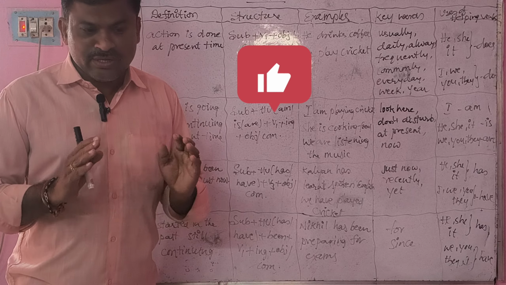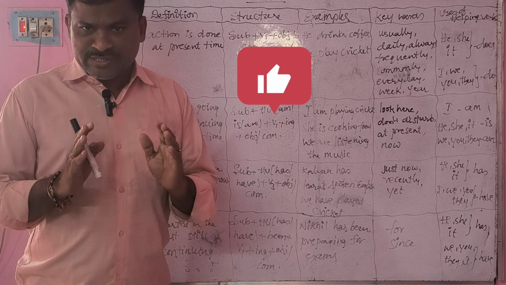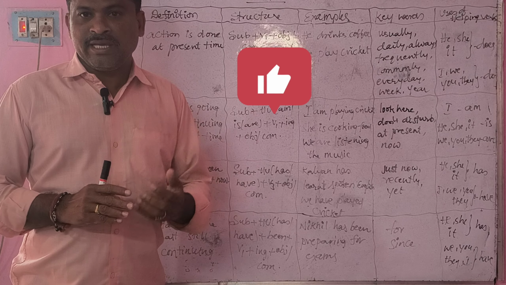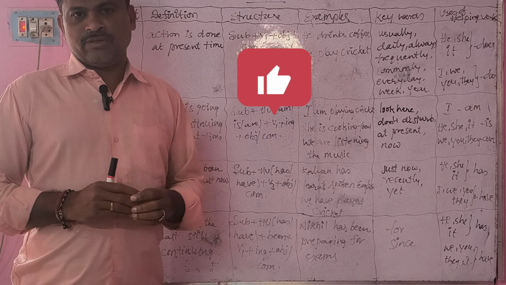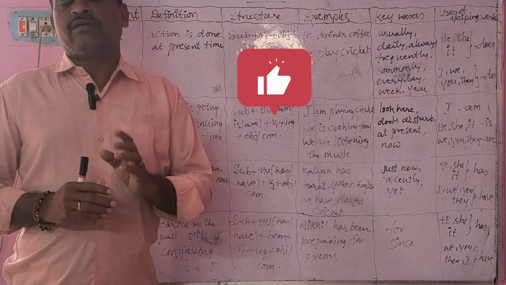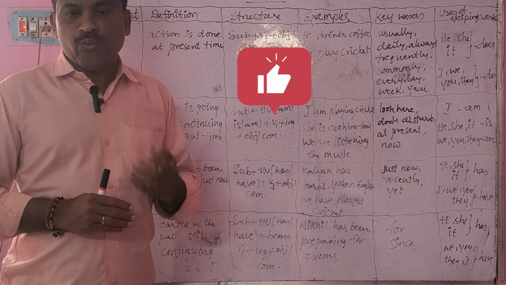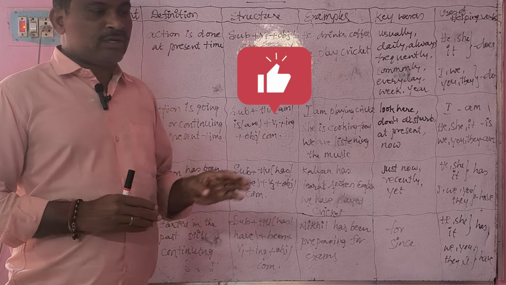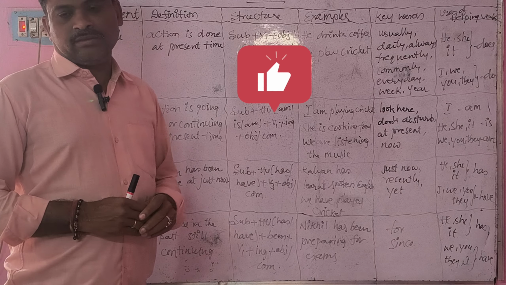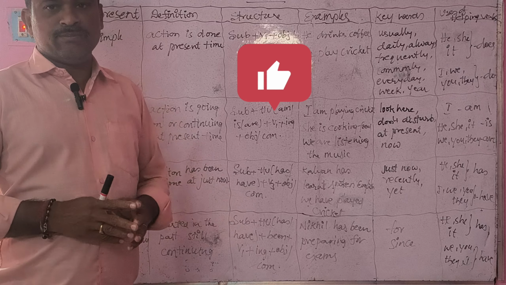If you take the singular subject like he, she, it, we have to use has as a helping verb. If you take the plural subject, we, you, they, we have to use have as a helping verb.